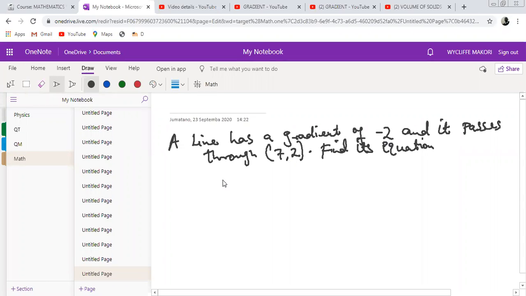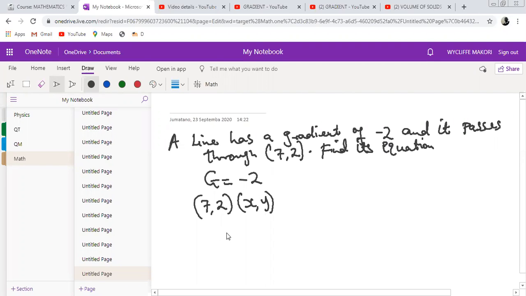So the gradient has been provided as -2, and you have been given 1 point, which is 7, 2. Therefore, it is just a matter of assuming another point x, y, so that you have 2 points. And then you do change in y over change in x. They should give you this particular gradient.